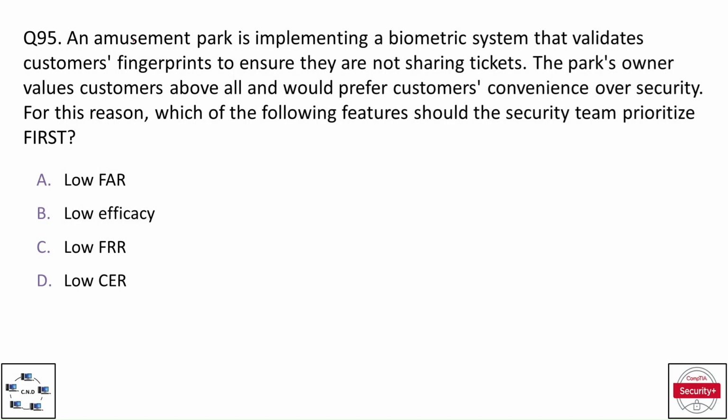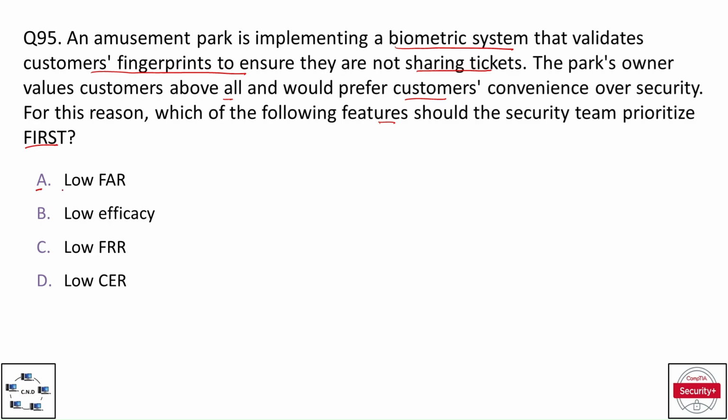Question number 95. An amusement park is implementing a biometric system that validates customers' fingerprints to ensure they are not sharing tickets. The park's owner values customer convenience above all and would prefer customer convenience over security. For this reason, which of the following features should the security team prioritize first?